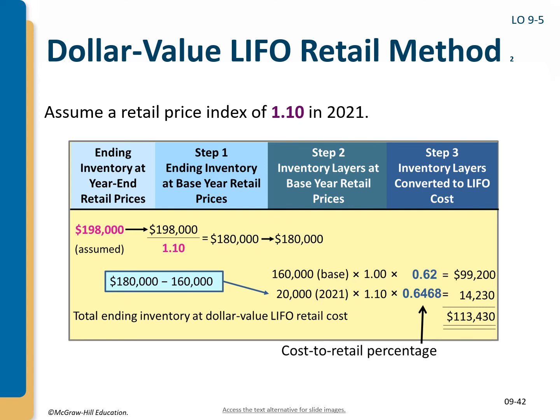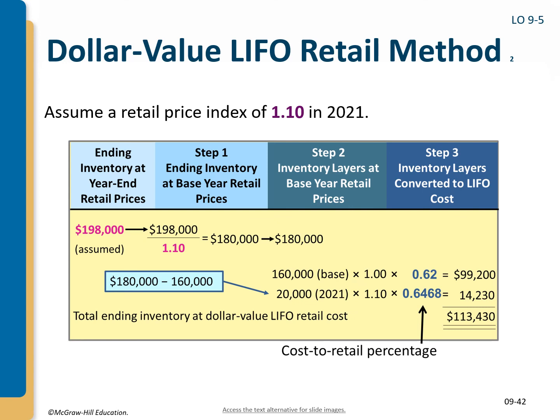The new layer we just added would be valued at 1.10, only that part of it will have the cost of 1.10 associated with it. But then we further multiply it by the cost to retail percentage to convert it to cost, 14,230. So you can see, of all the methods, this provides us with the lowest inventory value.